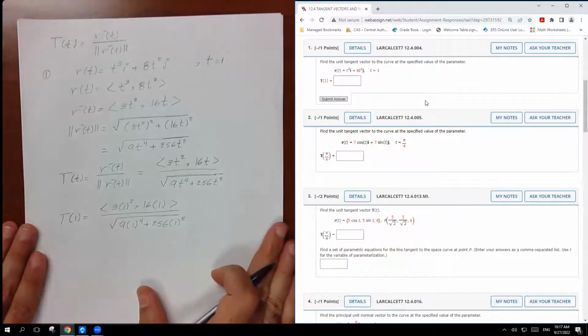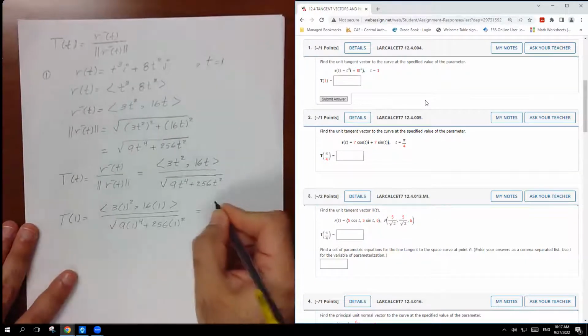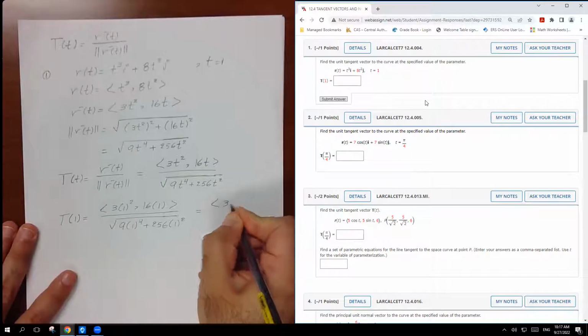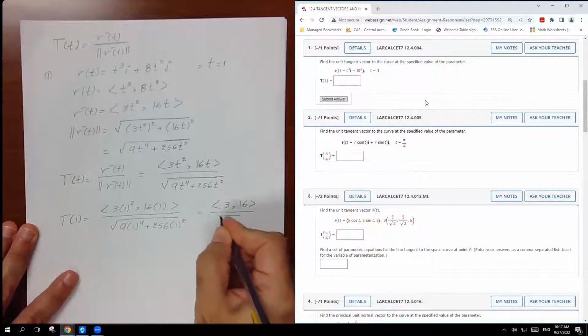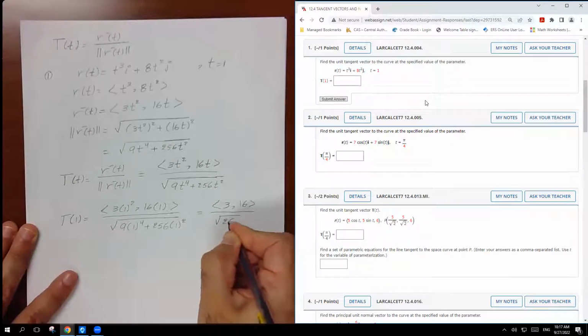That means this is going to be 3 and 16 over the square root of 265.